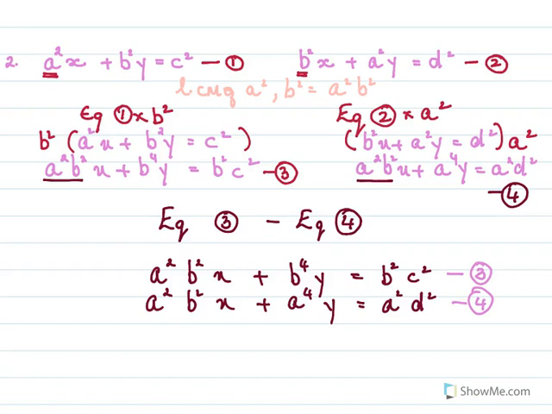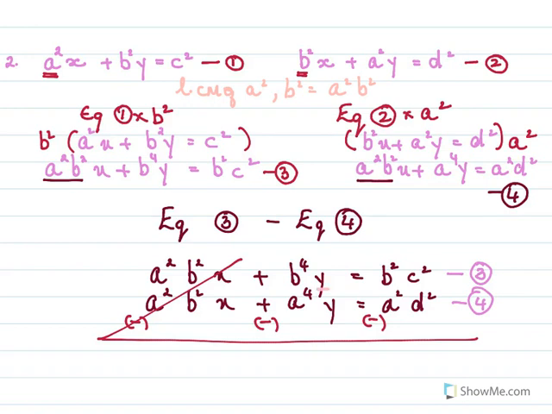Now I go ahead and change the sign, so this is minus, plus becomes minus, and this is minus. My x term will cancel because the coefficients were equal. Now I'm going to take common out. I'll take this y common out. So what I get here will be y, I write here, then I write the coefficient what remains here after taking y common out. Here b4, in the second term minus a4.